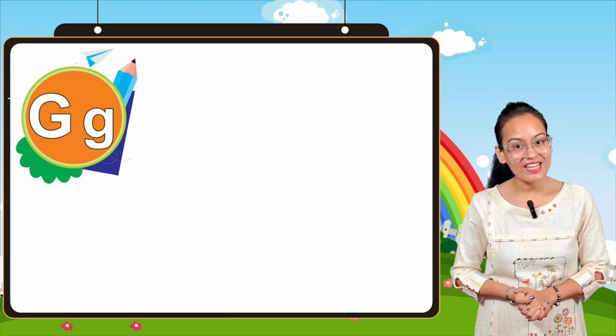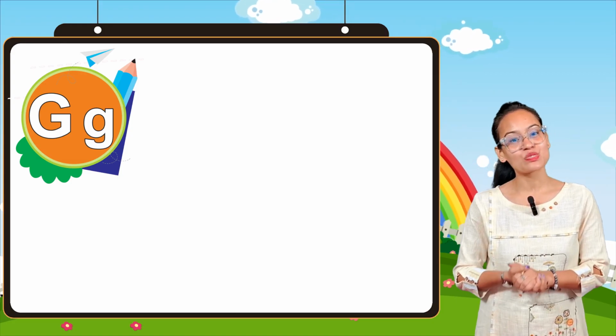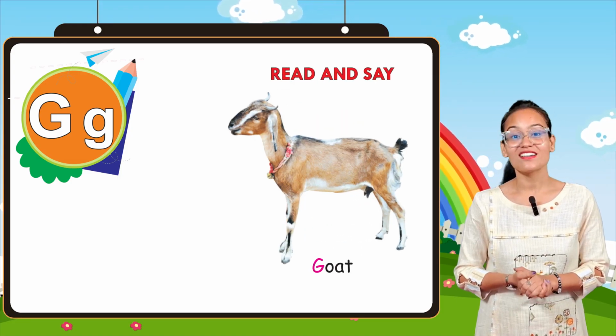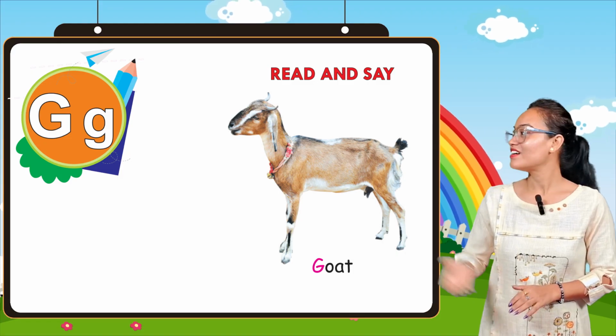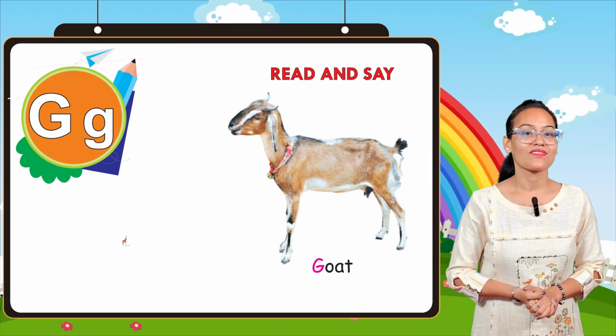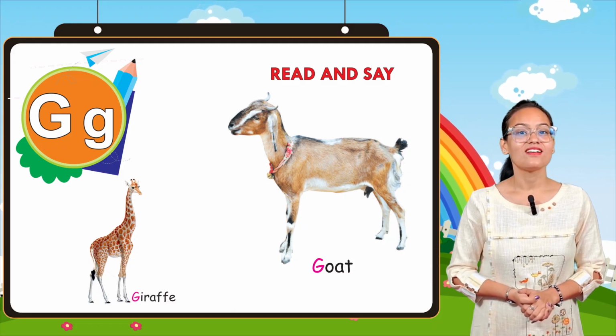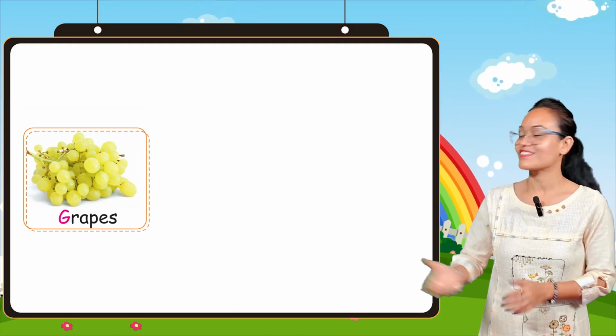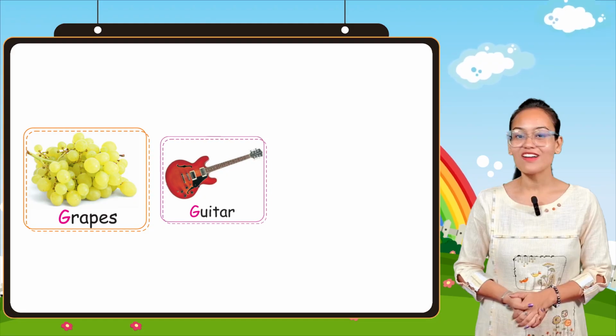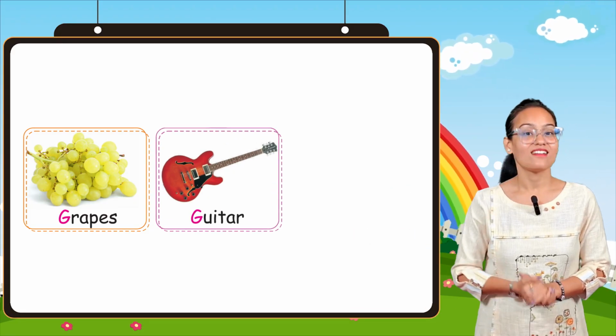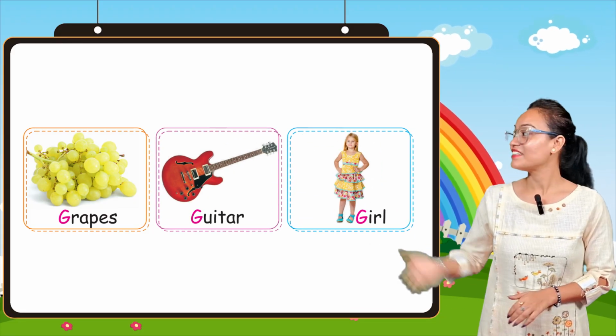Alphabet G. Capital G, small g. Read and say: G for goat, G for giraffe, G for grapes, G for guitar, and G for girl.